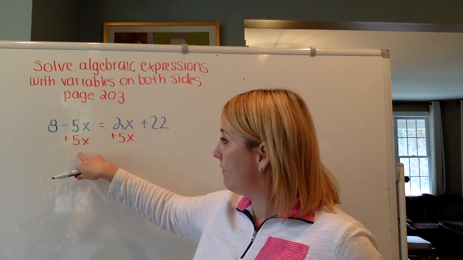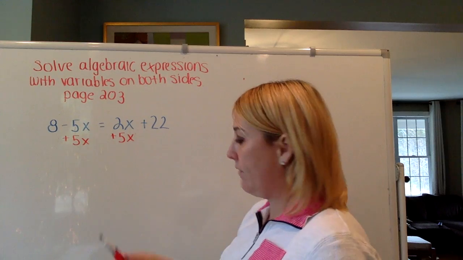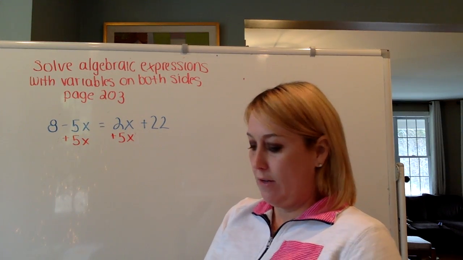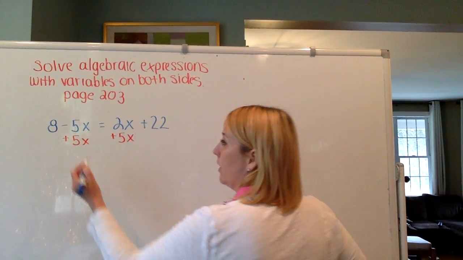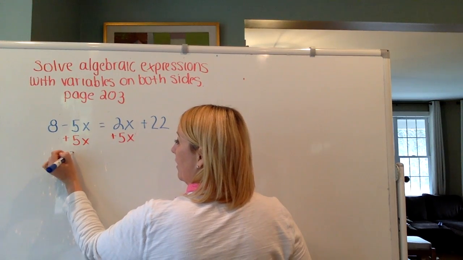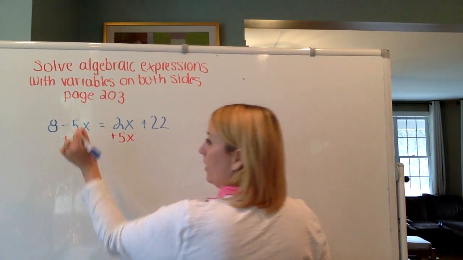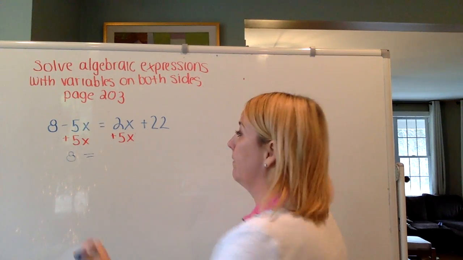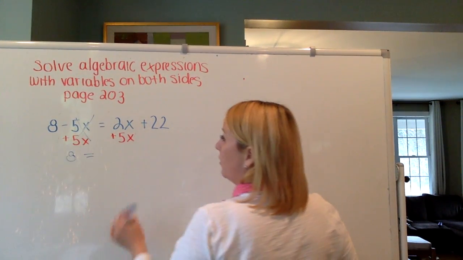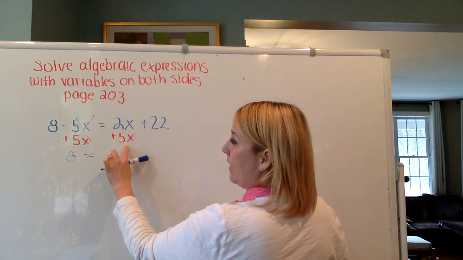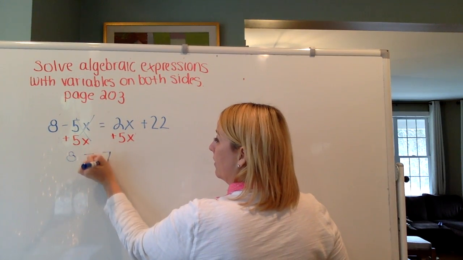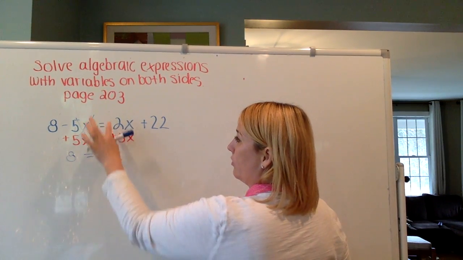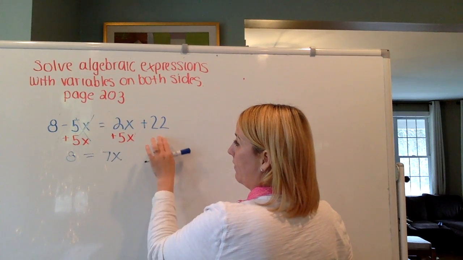So we added 5x here. We have to add 5x on this side as well. So we go to the next 8. And now we're going to write equals, right? Because we had negative 5x plus 5x, so those canceled each other out. So 8 equals, now 2x plus 5x is 7x, right? 2x plus 5x is 7x.